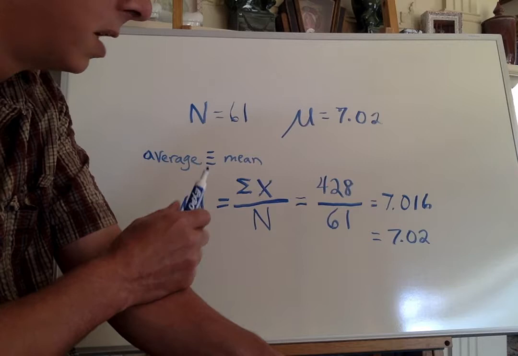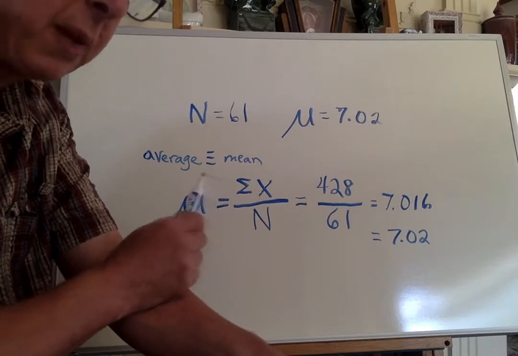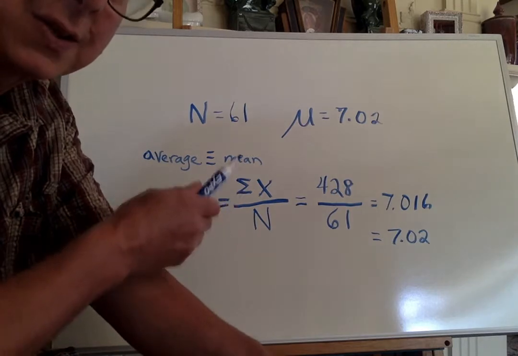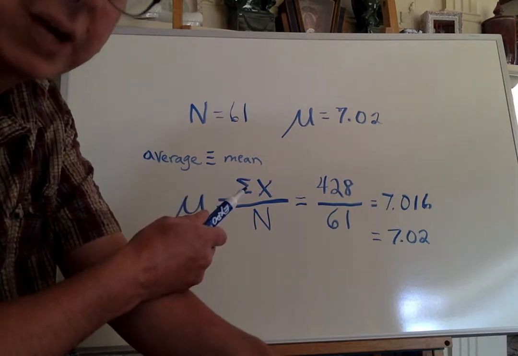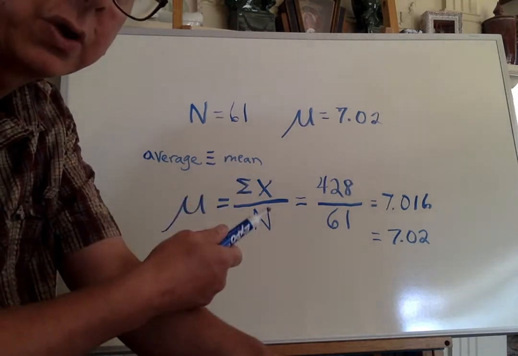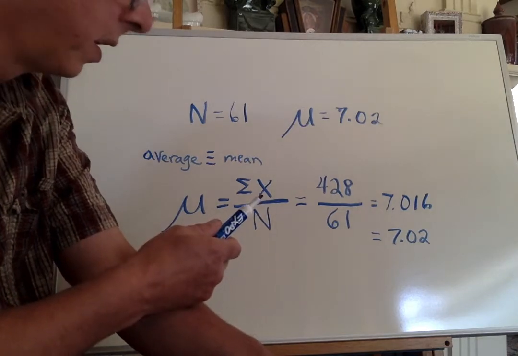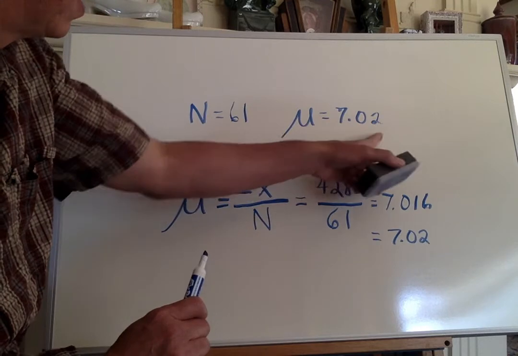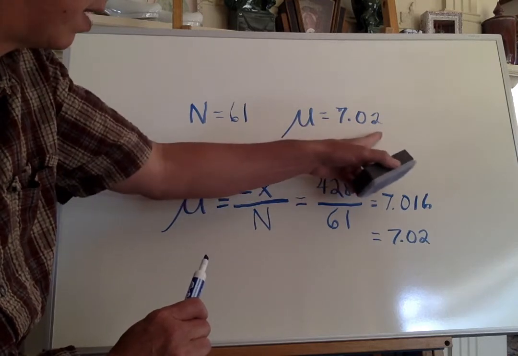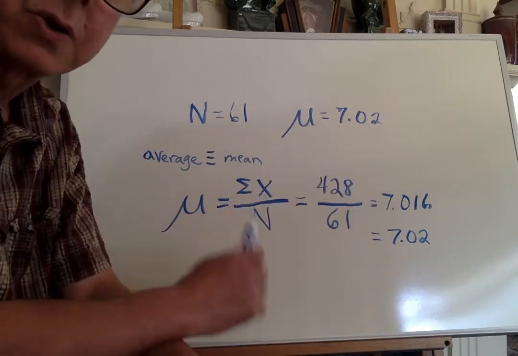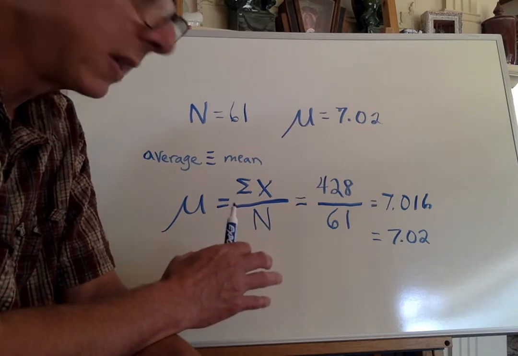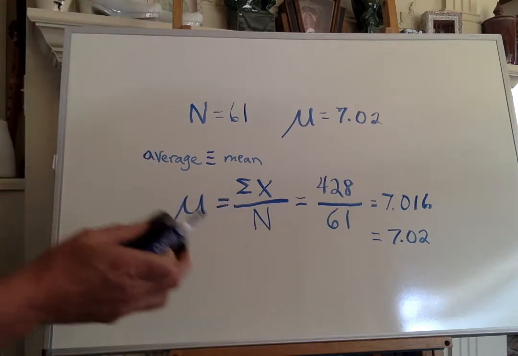By the way, 7.02 is not the same as 7. Later on in the semester, I'll show you how something like this can make a big difference if we're talking about really large numbers. So let's retain 2 decimal places, okay? 7.02.